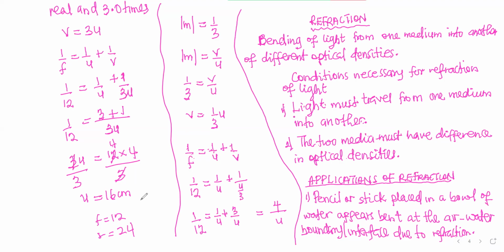Another application of refraction is, whenever you drop a coin in a bowl containing water, or you pour water in a bucket, place it in the sun, and then look at the bottom of the bucket, the bottom always appears shallow.